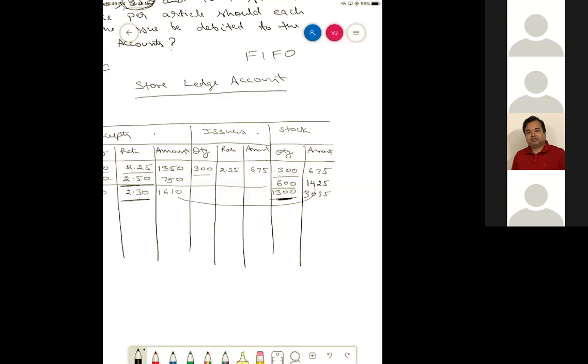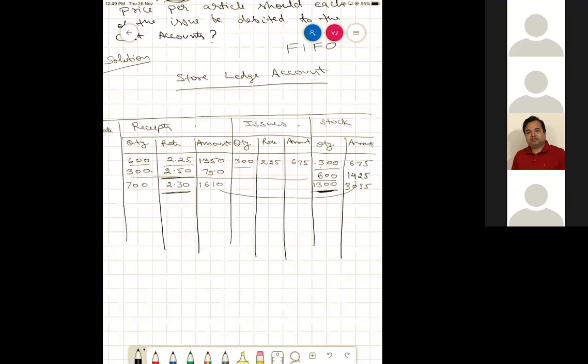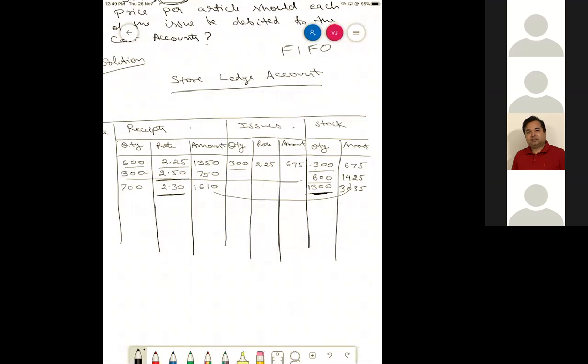So you can see the stock. The first balance that we are having, first we will issue that one. So you write down 300. Then next 300 we would be using this one, so again you write 300. The rate here was 2.25 and here the rate is 2.50.